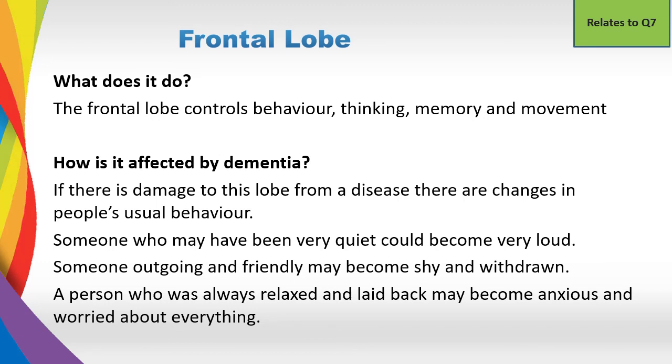This is why, because the frontal lobe controls behaviour. Some people who may have been very quiet could all of a sudden become very loud. Someone outgoing and friendly could become really shy or withdrawn, or the other way around. Someone who's relaxed and laid back may become very anxious and worried about everything. So it can completely change somebody's personality.